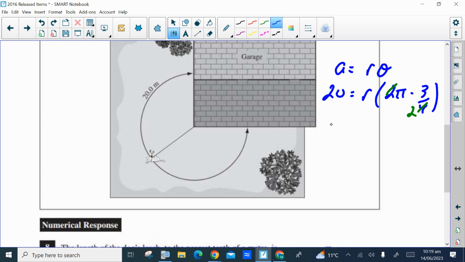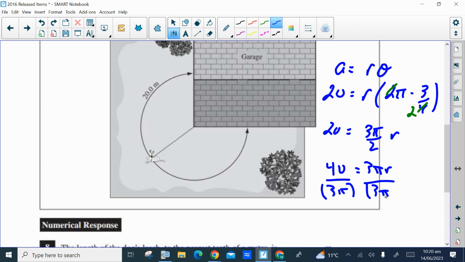So now we can say that 20 equals 3 pi over 2 r, and then we could multiply both sides by 2 and get 40 equals 3 pi r, and then divide both sides by 3 pi.